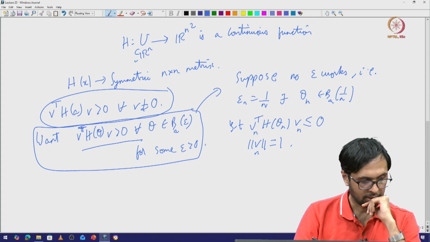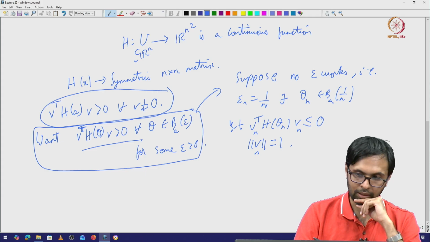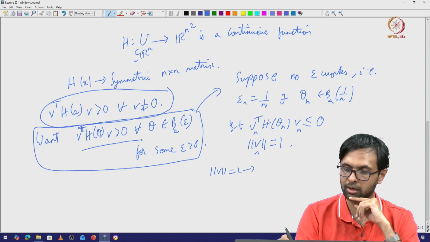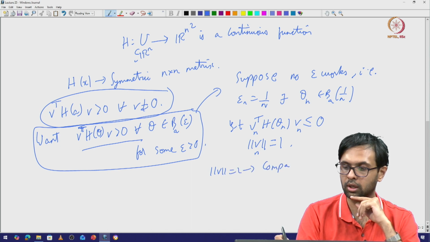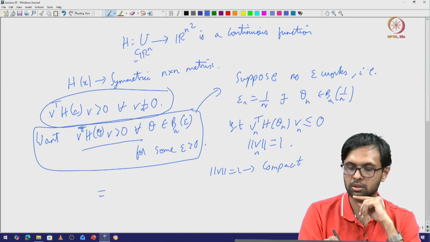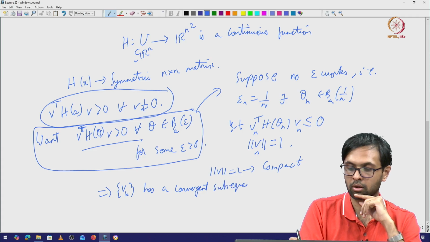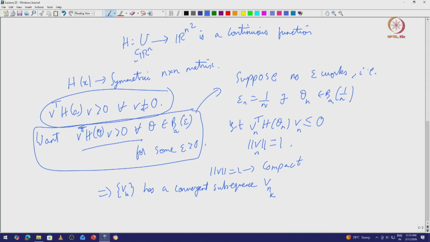Okay? Right. So the unit sphere is compact. Norm of V equals 1 is a compact set, as we saw earlier, which means every sequence has a convergent subsequence. Let's call it Vn sub k, right?